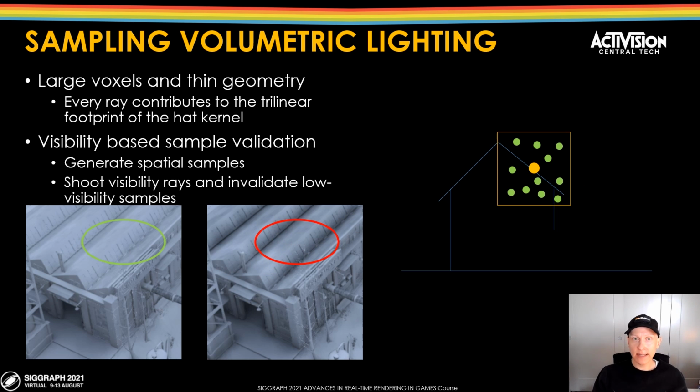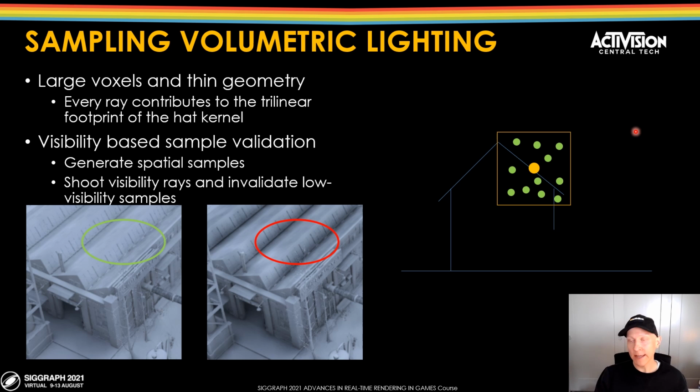The reason for this light leak is that we treat every positional sample within this voxel footprint as being equally important. However, in this case, we have some extra knowledge. We know that the player is, in general, going to be further away from this voxel, and the camera will generally be in an outdoor region, at least if we think in terms of probabilities.